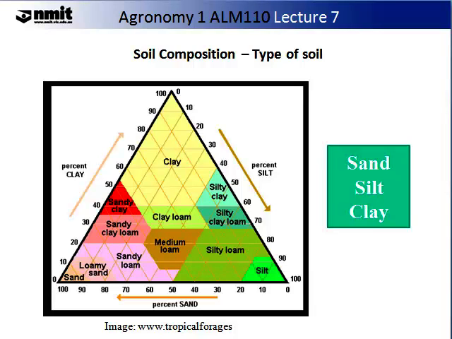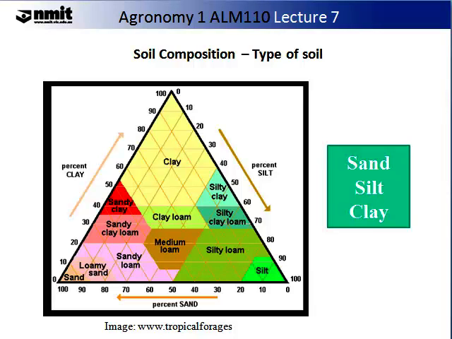Once you know the composition, or the percent of each of these components, sand, silt, and clay, you can then use this information with a soil triangle, the figure on the slide, and identify what soil type you have.